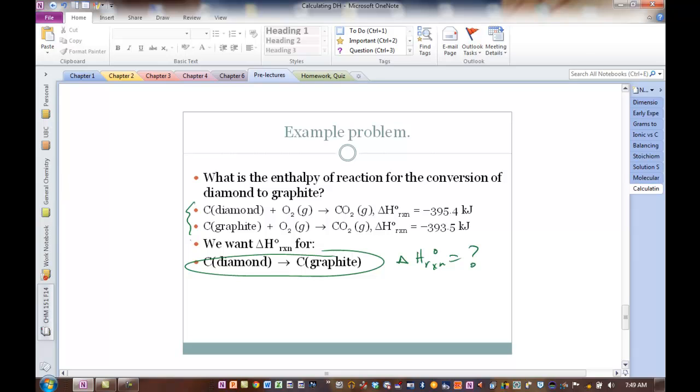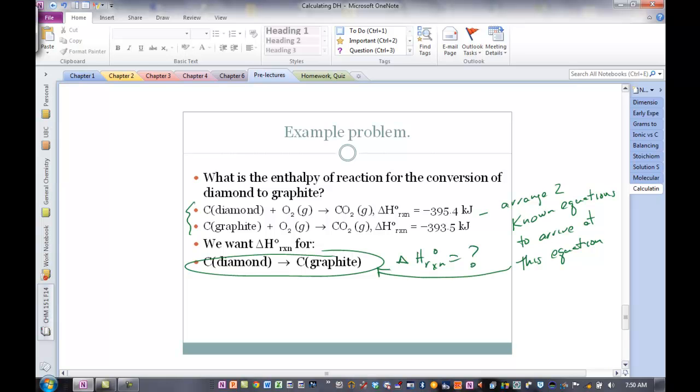How can we arrange these two known equations to arrive at this equation? And by this equation, I mean the equation that we want to find the delta H for. All right, so we just have to do some manipulation. I kind of look at these as a little bit of a puzzle, and this one's pretty simple.